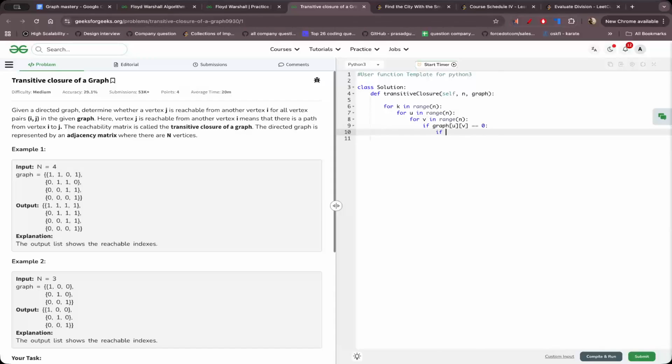If graph u to k and graph k to v. So either I can check this or I can simply say graph u to v.